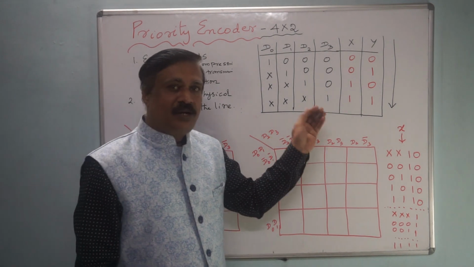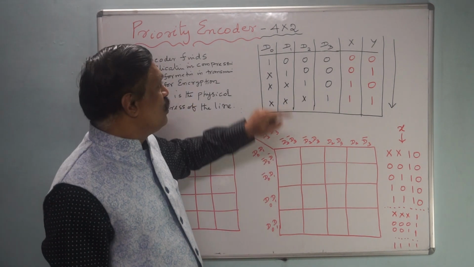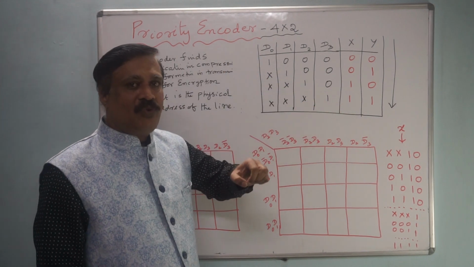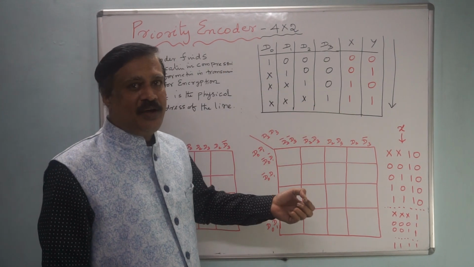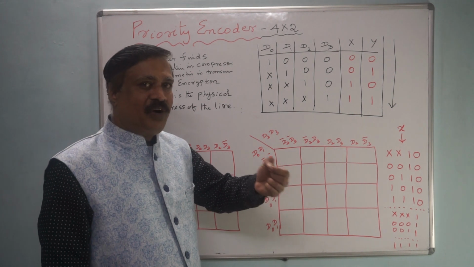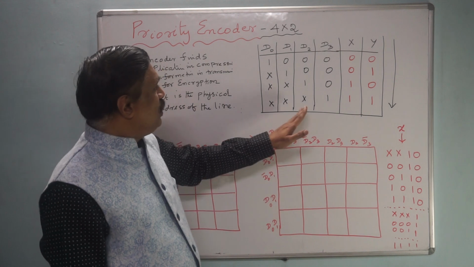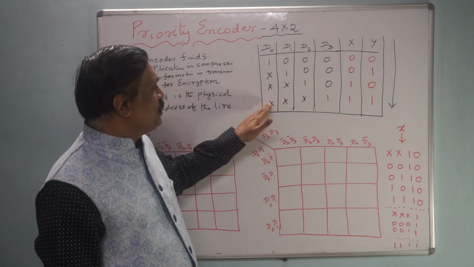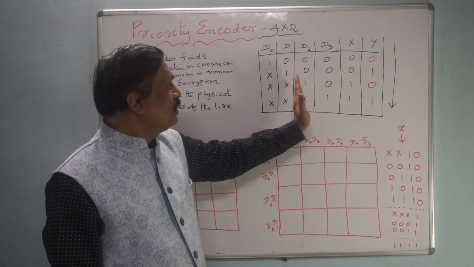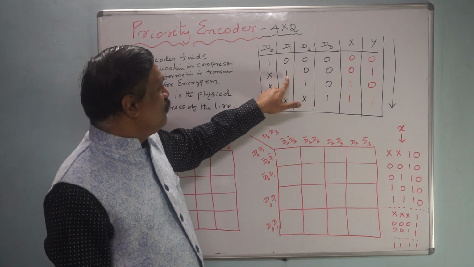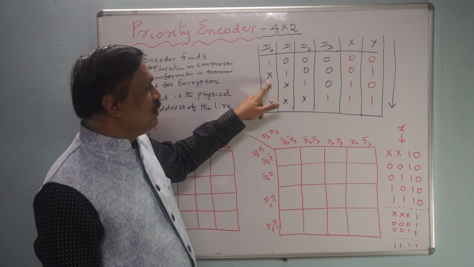Now I will explain how we design this. Understand? In a normal encoder, the diagonal is 1. That means at one time only one input is high and output is generated for that input only. Now we are putting the don't care condition for the lower values. If D1 is 1, the lower value is D0.